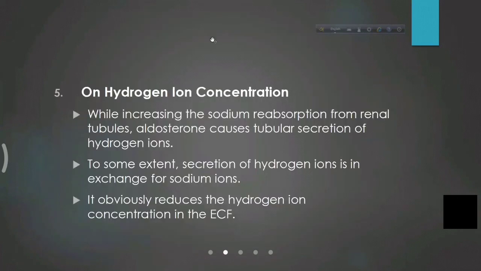Aldosterone also has effects on hydrogen ion concentration in the body. Normal quantities of aldosterone keep secreting hydrogen ions into the renal tubular fluid, thus eliminating excess hydrogen ions from the body, which helps in maintenance of the body's acid-base balance.